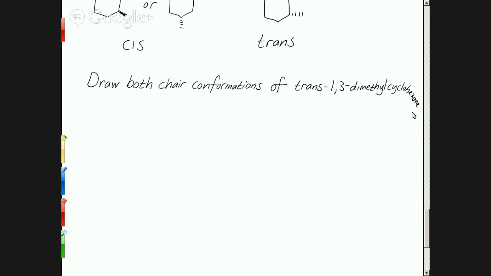First we would draw the flat structure. So that would be a cyclohexane, and it doesn't matter where we start, but we can number 1, 2, 3, 4, 5, 6.